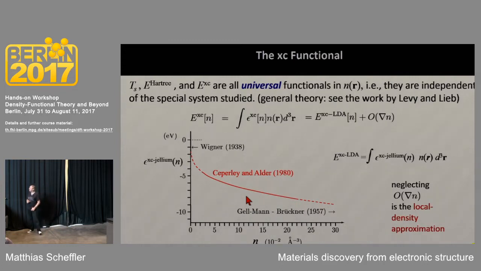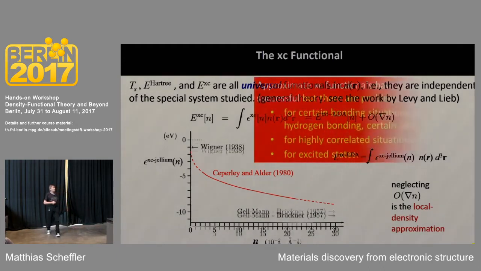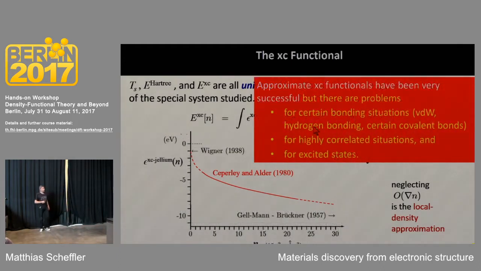This is how the curve looks, very nice and smooth. So here we know the analytical result, here we know the analytical result, and here we know the numerical result from Ceperley and Alder, the full curve for the electron gas. This approximation, the local density approximation, is still used. It's still a good thing for many things, but of course we are also doing better.